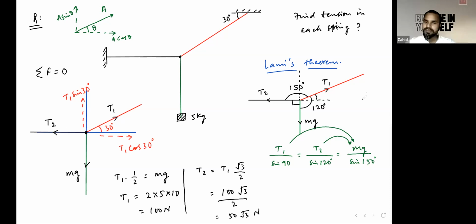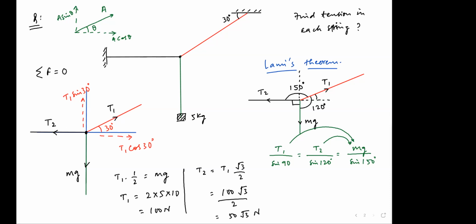Sine 120 degrees is the same as sine 60 degrees, and sine 150 degrees is the same as sine 30 degrees. Just compare these two terms, you will get T1 and T2 the same as in the previous part. Is it clear to you all, this part? Yes, sir. Thumbs up? Okay, let's write it down.